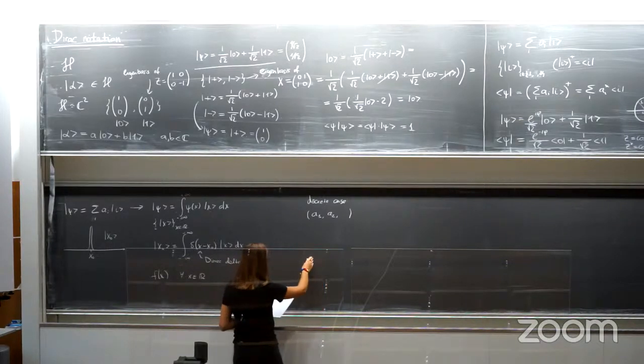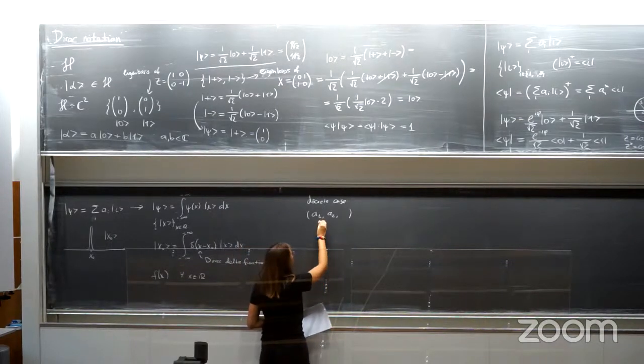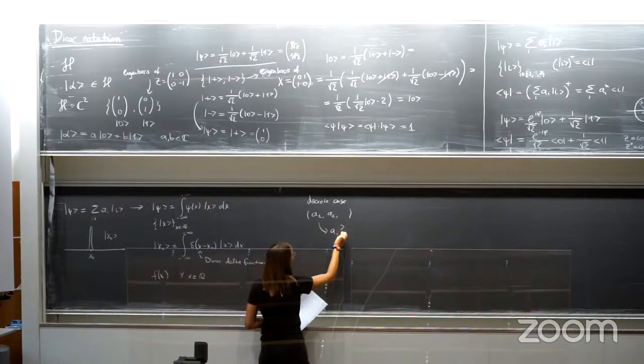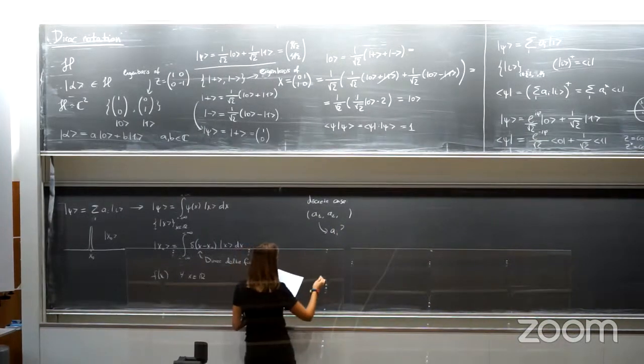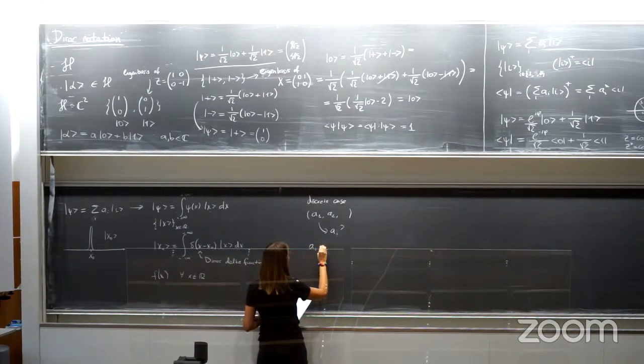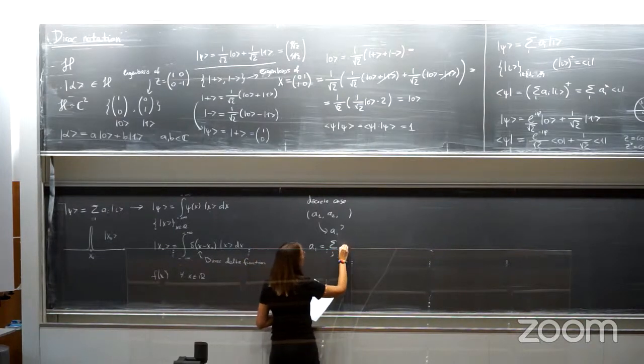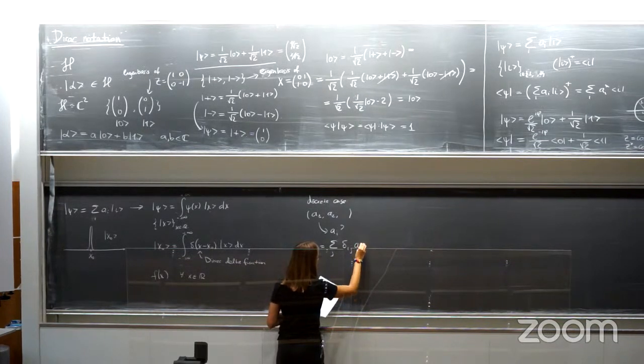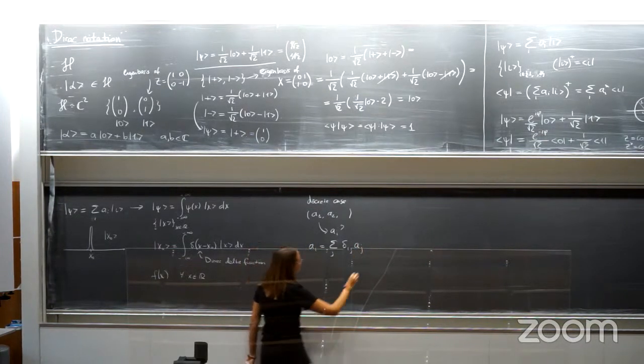How do I select a particular Ai from this sequence? What I can do is write Ai as the sum over all j of delta ij, aj, where delta ij is the following.